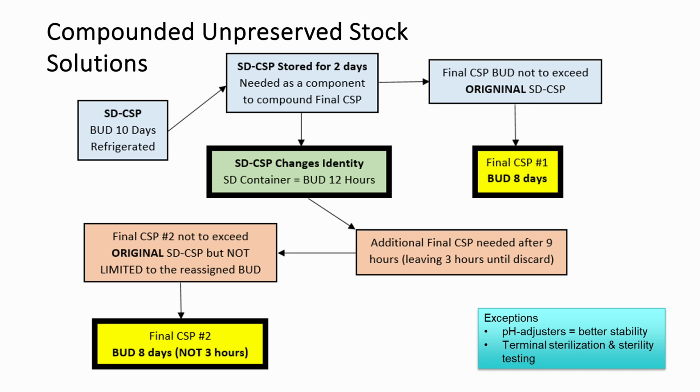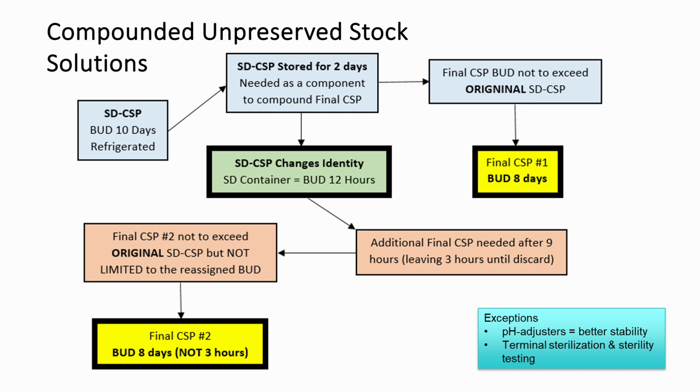Now, if there's anything left in our stock solution, we can go ahead and reuse that, but we need to reassign it a different identity. It now becomes a single dose container, and we can give it a beyond use date of 12 hours as long as we store it appropriately. So in this example, let's say we put it back in the refrigerator and 9 hours pass, leaving 3 hours until we have to discard it, and we need it for something else.